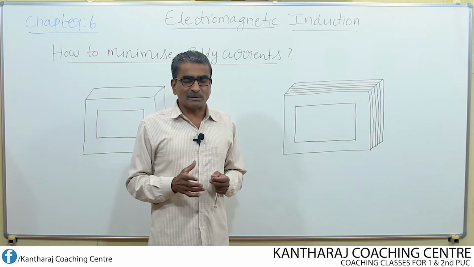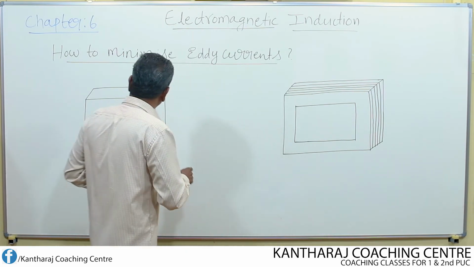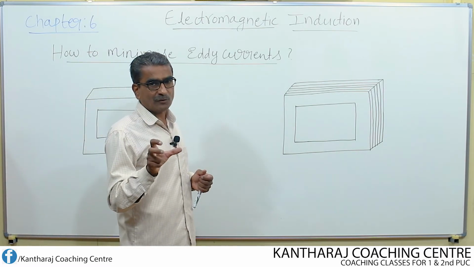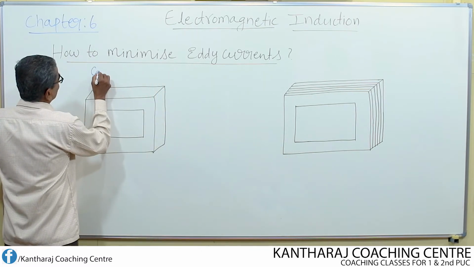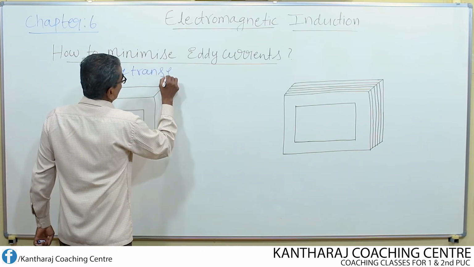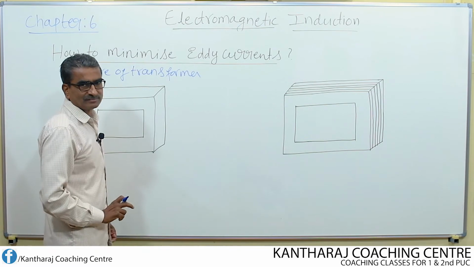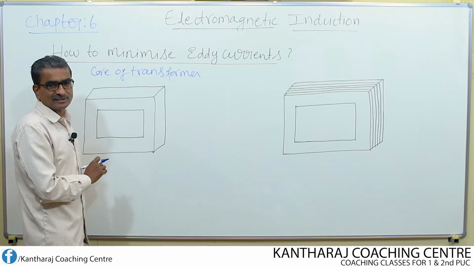If these cores are made up of one single metal bar, say for example, here I consider this as the core of a transformer, which is made up of one single metal piece having a rectangular cutting at its center like this.